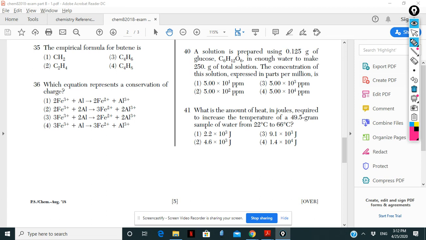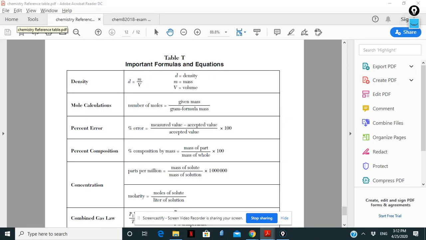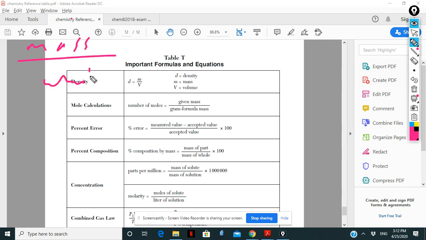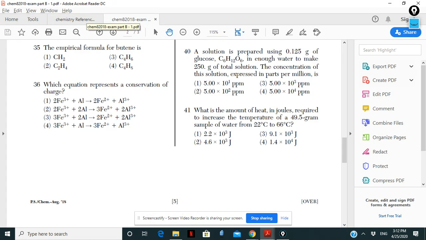So I'm going to my reference sheet, parts per million, last page, parts per million formula. So mass over whole solution times 1 million. Okay, now I'm going back here again.